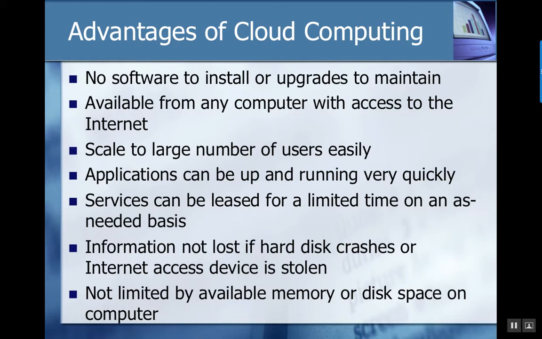So 3 o'clock Sunday morning, you'll probably have fewer people watching movies than at 7 o'clock on Friday night. And what you do is you spin up enough systems, enough resources, to be able to handle that. Information is not lost if the hard drive crashes or the device is stolen.